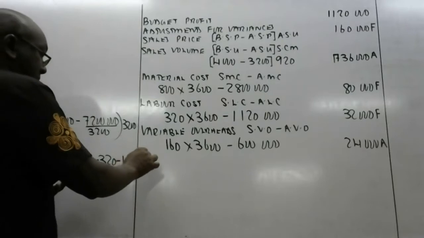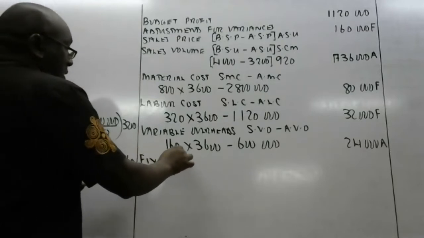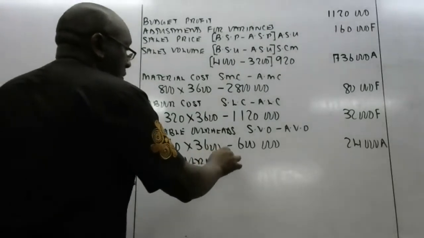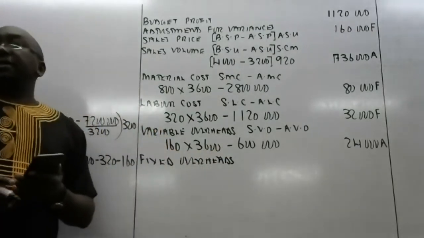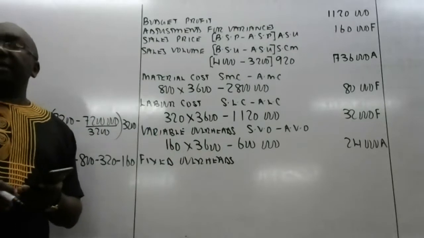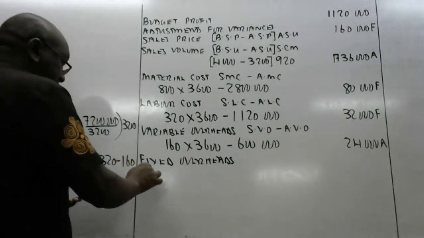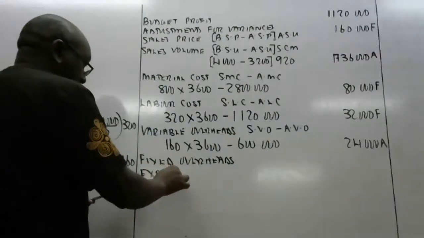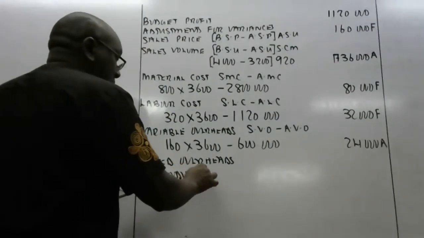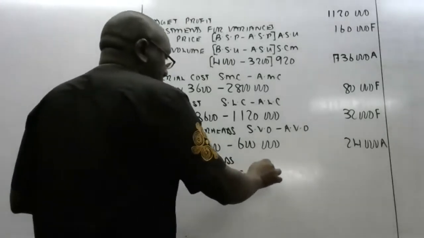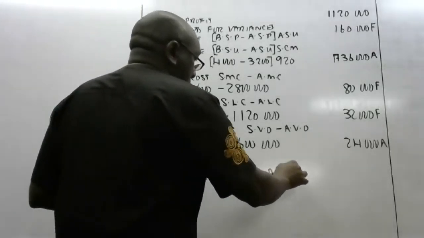Okay, the next one is fixed overheads. When it comes to fixed overheads, there are two variances that we bring. The first is expenditure. Expenditure, we know, is budget fixed overheads minus actual fixed overheads.